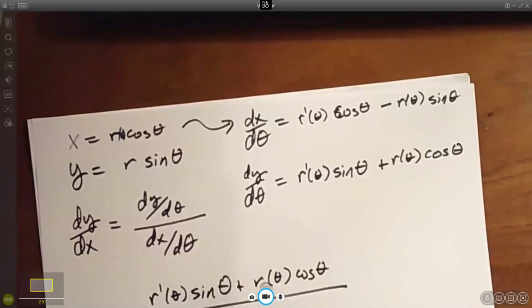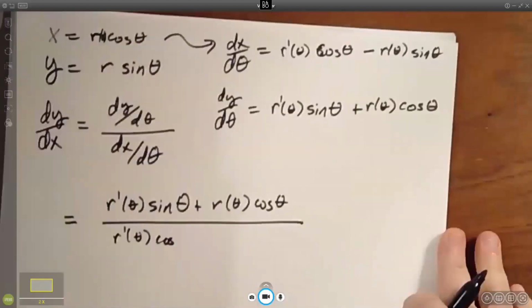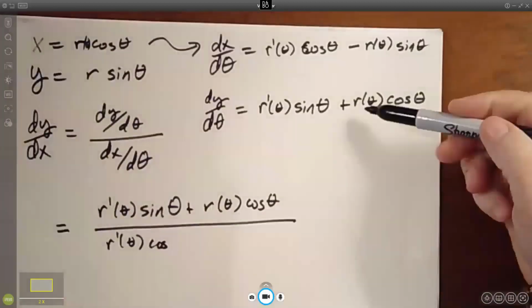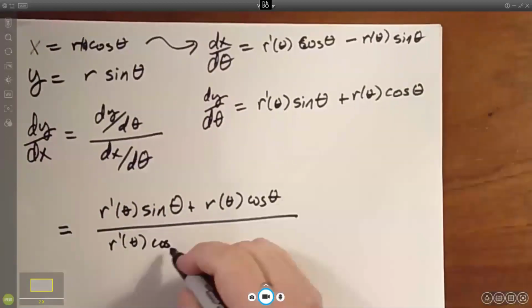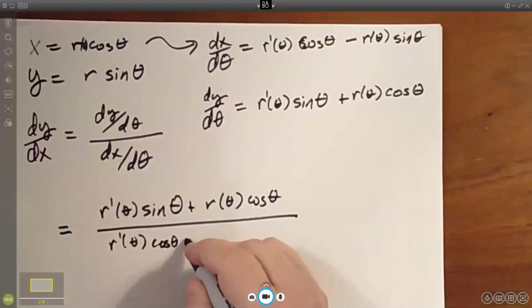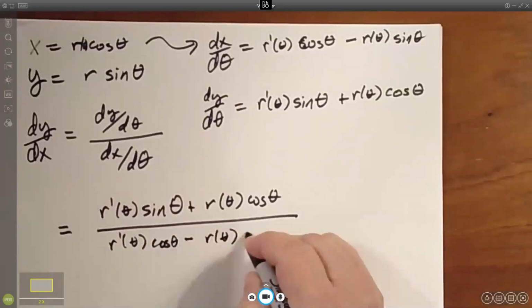You can't see any of this. I really should pay attention to what I'm doing. Let's try this again. I'm just writing dy/d theta over dx/d theta. On the bottom, I'll have r prime of theta cosine theta minus, because dx is on the bottom, r of theta sine of theta.